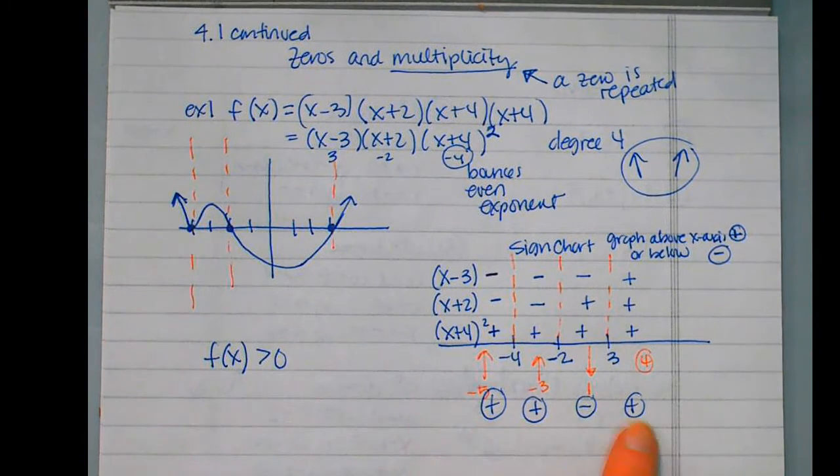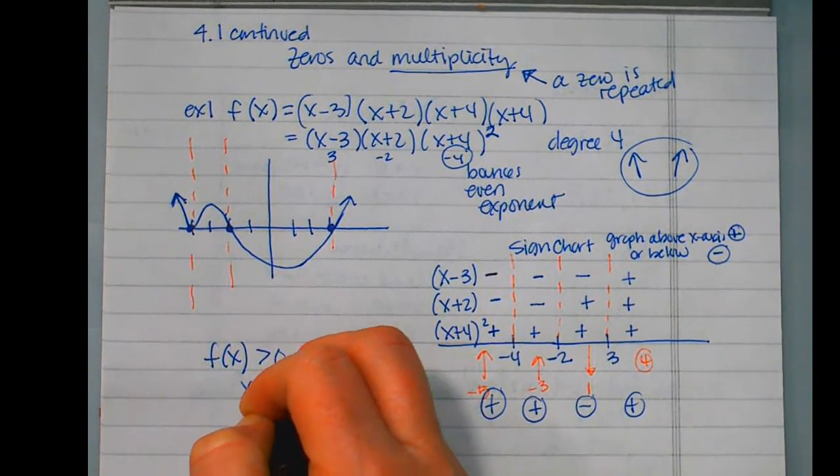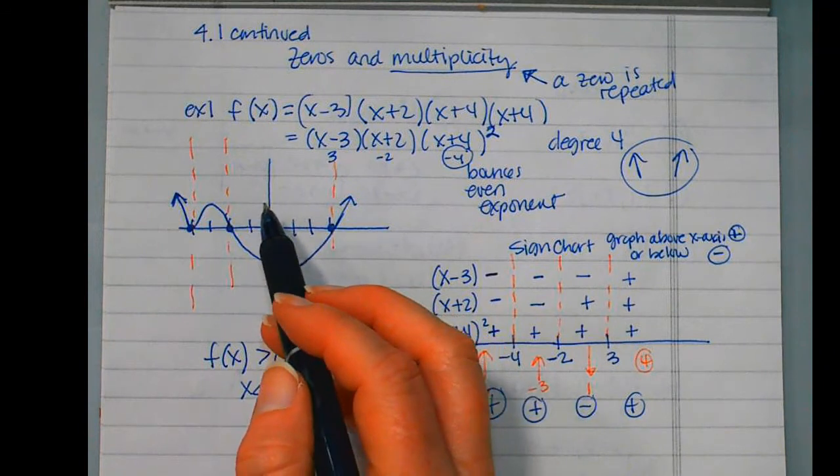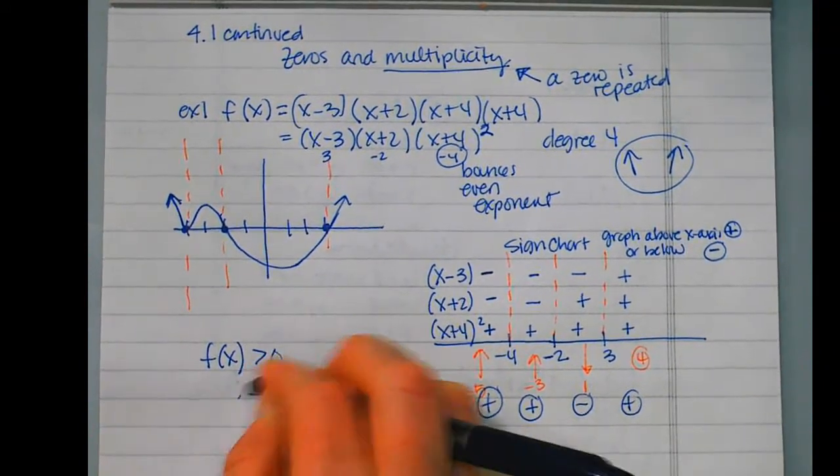Because those are the 3 places that it's positive. So I could say if x is less than, oh, that doesn't work. I'd have to make 3 different little intervals there.